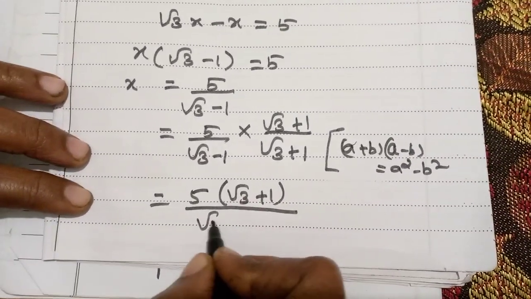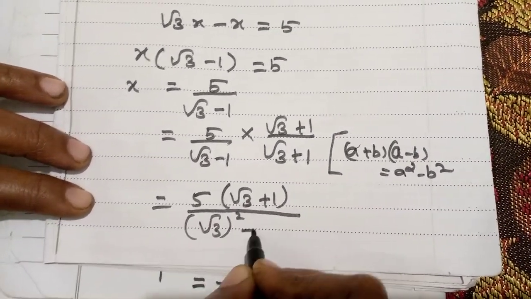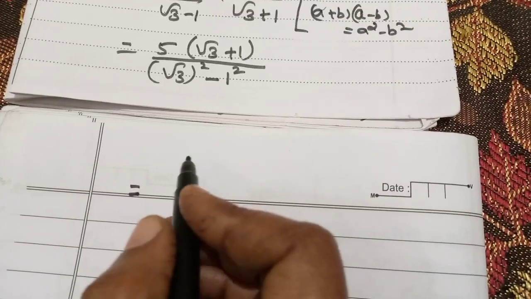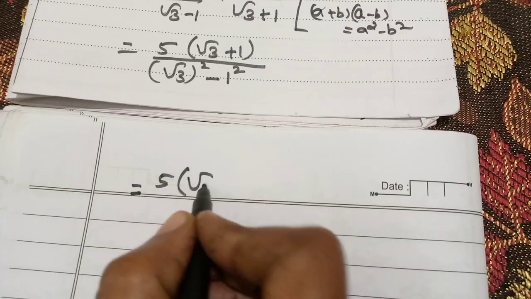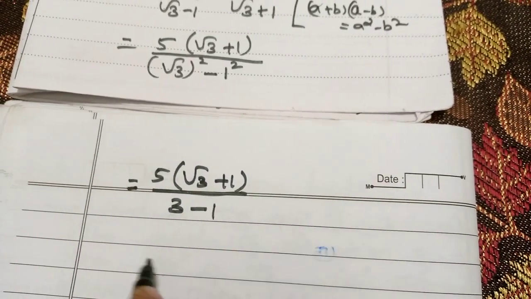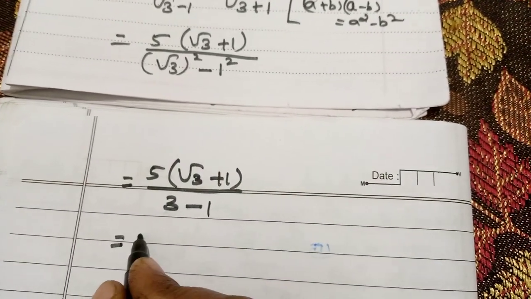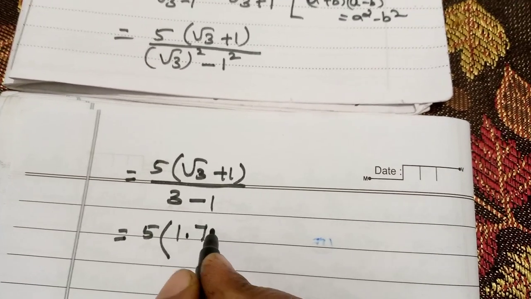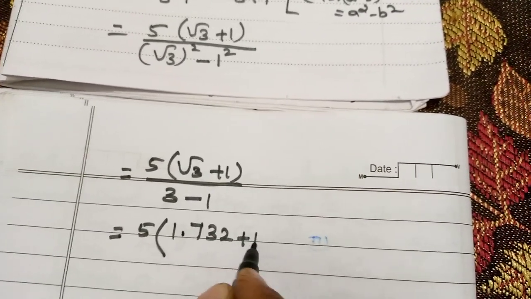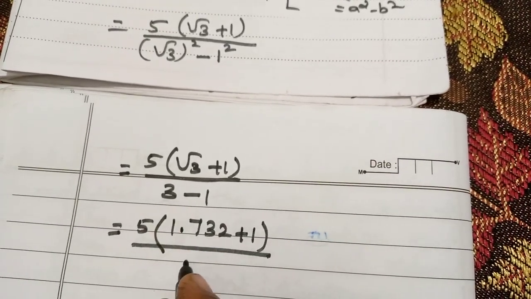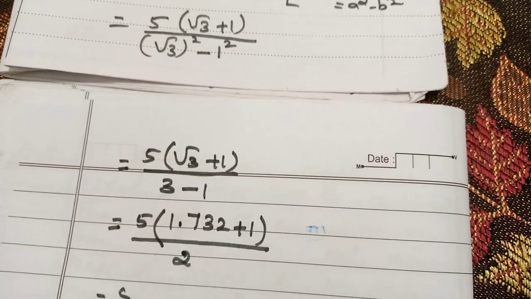So it can be written root 3 square minus 1 square. Okay, which is equal to 5 into root 3 plus 1 by, root 3 square is 3 minus 1, which is equal to 5 into root 3 value is given 1.732 plus 1 divided by 3 minus 1 we have 2.